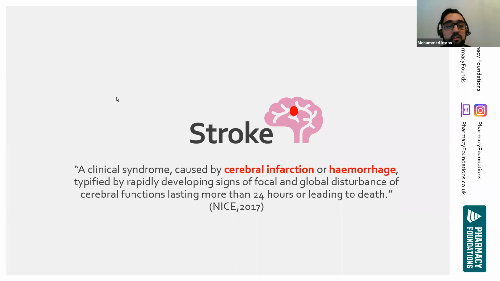Something specific. It is slurred speech, right? Slurred speech is a focal symptom because it's more to do with the mouth. However, there could be global disturbances where you get unilateral limb weakness, depending on which side of the brain the patient is being affected by.